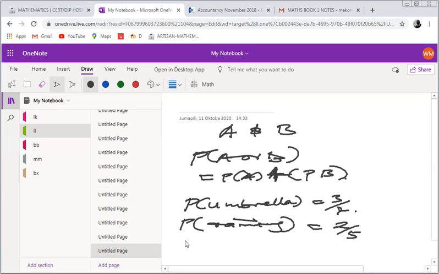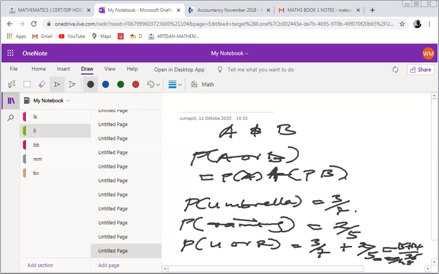The probability of an umbrella or rain is 3 over 7 plus 2 over 5. Solving this, everything is over 35: 5 times 3 is 15, plus 7 times 2 is 14, so this is 29 over 35. So anytime you are talking about the OR rule, you add the two probabilities.